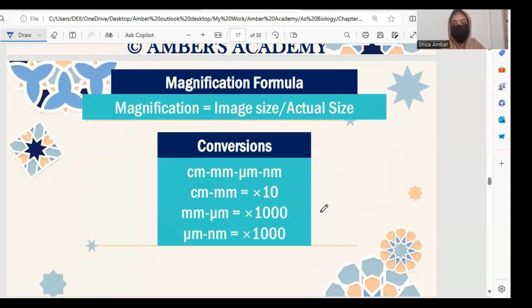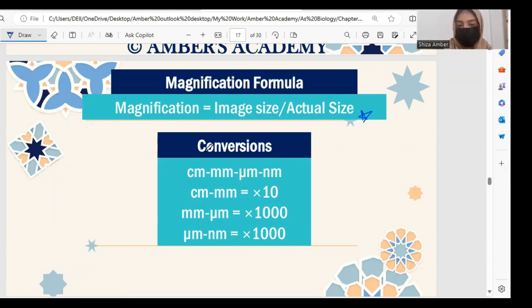Okay. So now moving towards this important formula. This is highly important because you'll see questions of magnification, image size, actual size again and again in your past papers. If you want to calculate magnification, you need to write image size in the numerator and actual size in the denominator. They can give you two values, and they'll ask you to find out the third value.